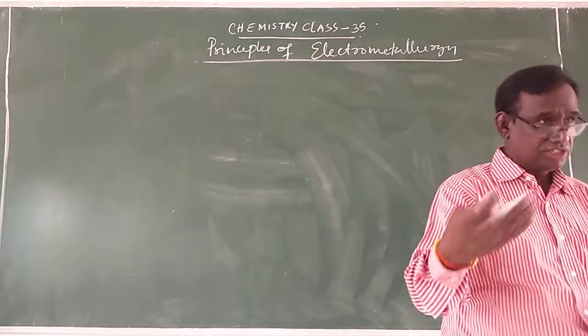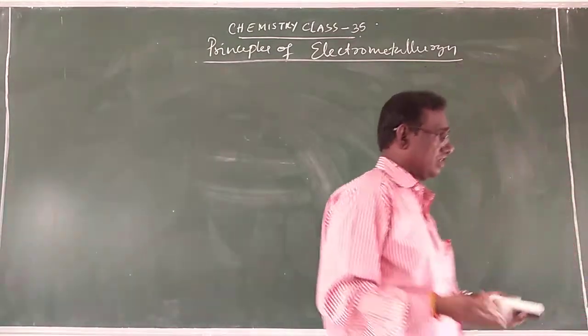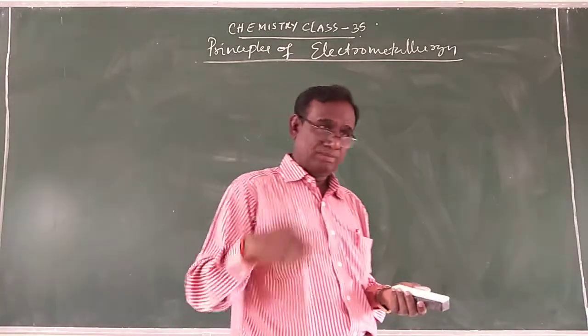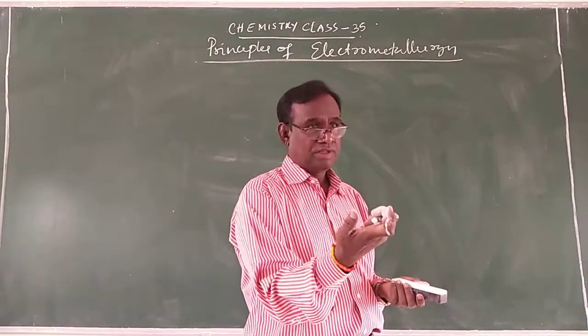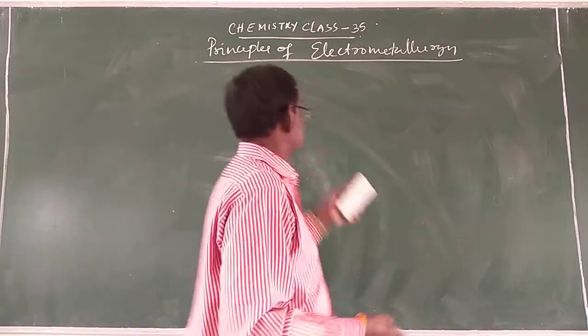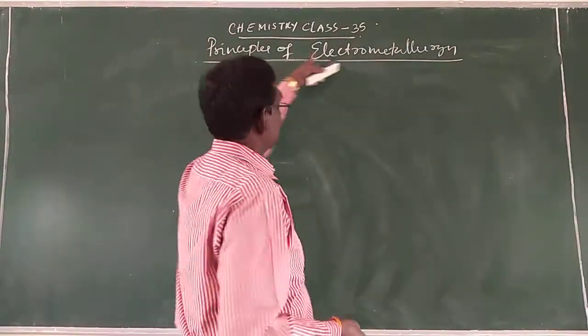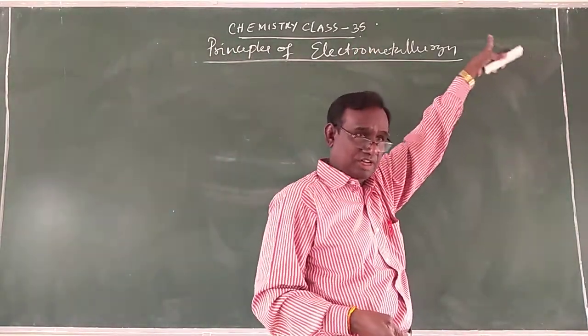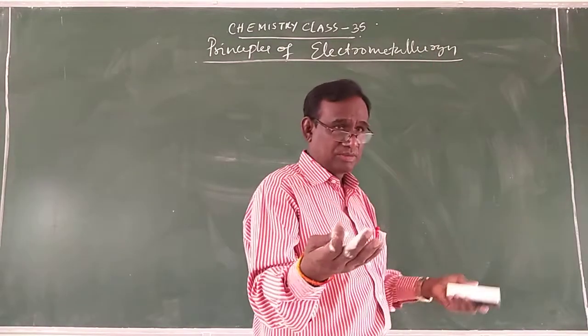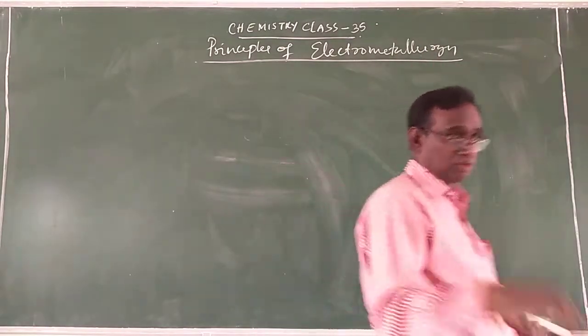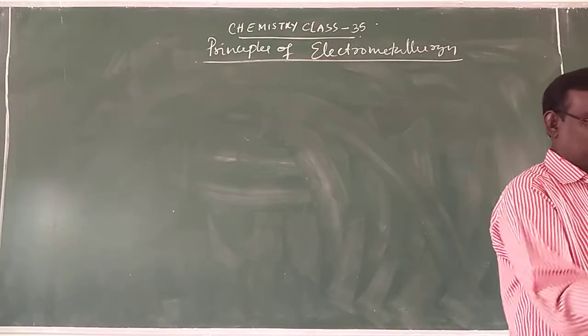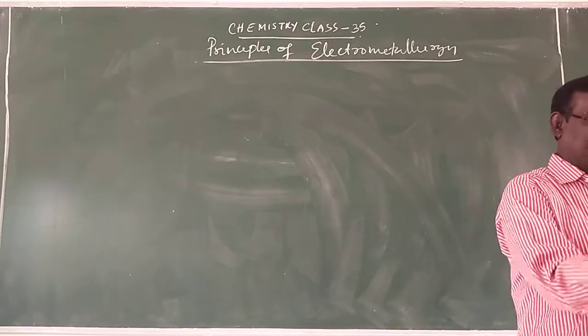All these extractions are based on the heating process. Pyrometallurgy means the extraction of metals from their ores by using heat, by a heating process, like heating in a blast furnace.